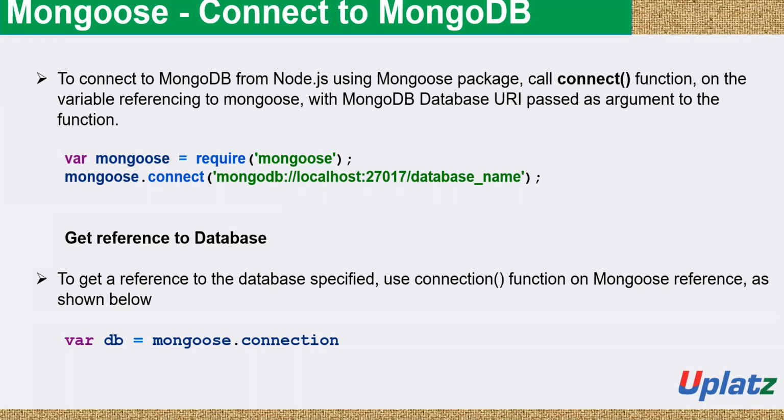We need to call a function called connect, and we need to pass that URL as an argument for the connect function. Once we are done with that, we need to get a reference to the database. So how will we get the reference to a database? On our mongoose object, we need to call a function called connection, which will give us a reference to the database.